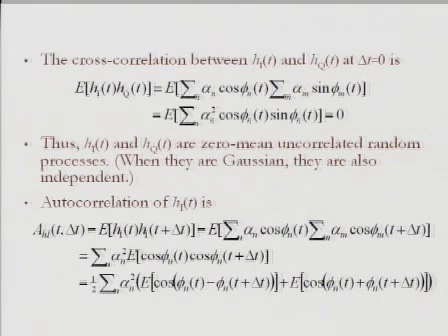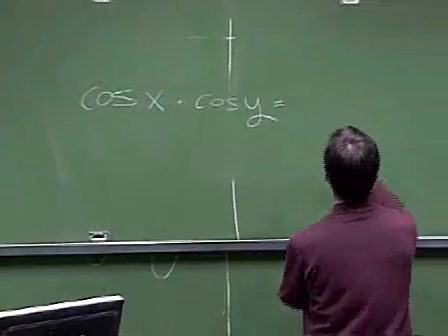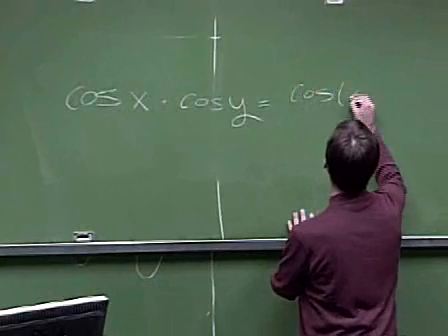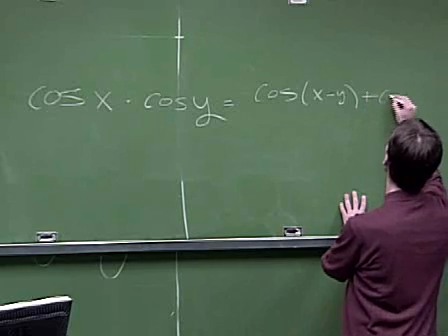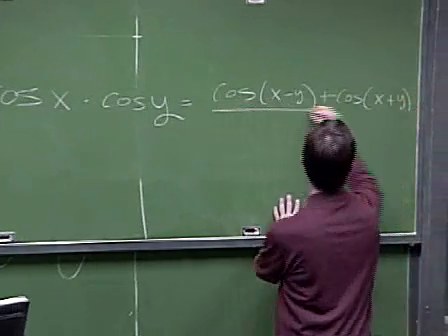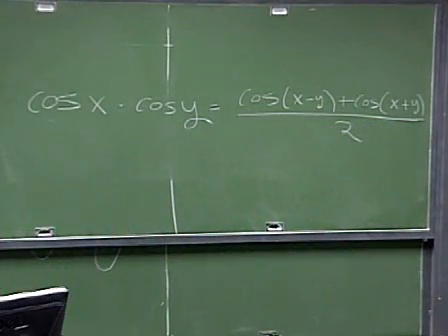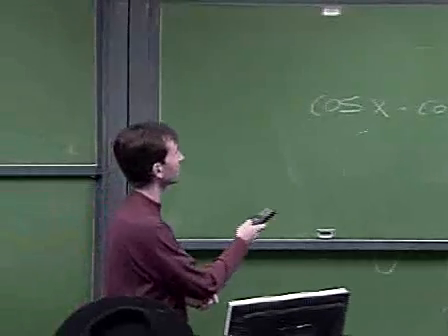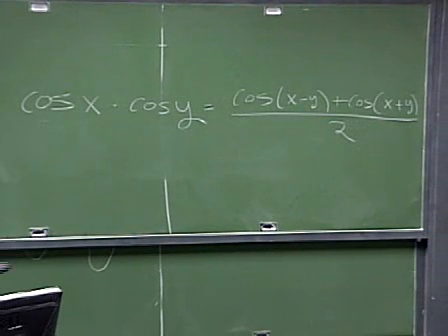X and y are two different quantities. Okay. This is essentially the cosine of x minus y plus the cosine of x plus y, divided by 2. So that's another useful trigonometric relationship that tells us that the product of two cosines, cosine of x times cosine of y, is equal to the cosine of the difference plus the cosine of the sum divided by 2. Okay? Sure that you've seen some of these before.